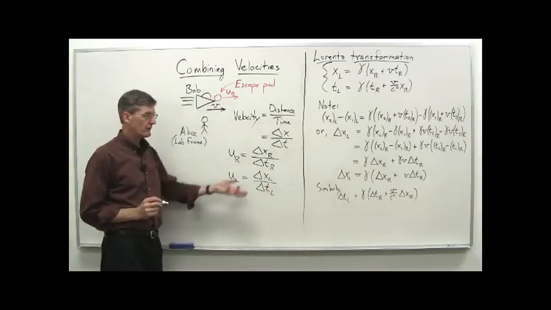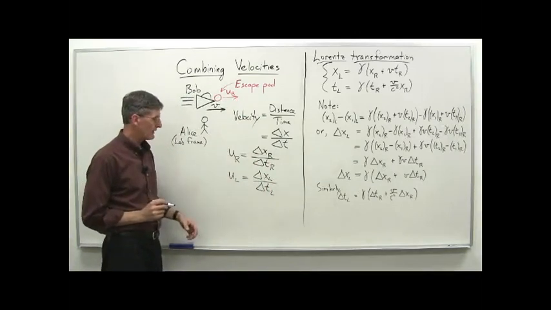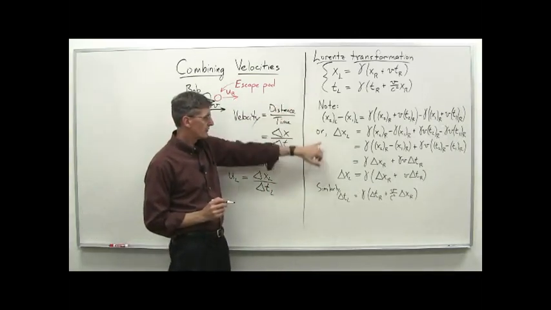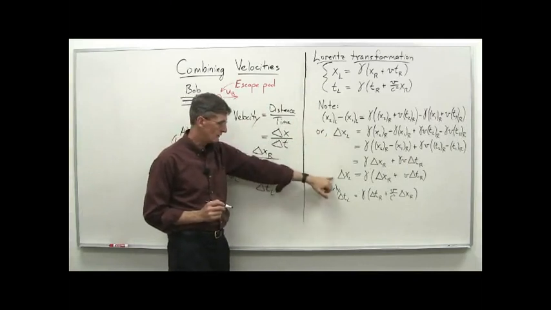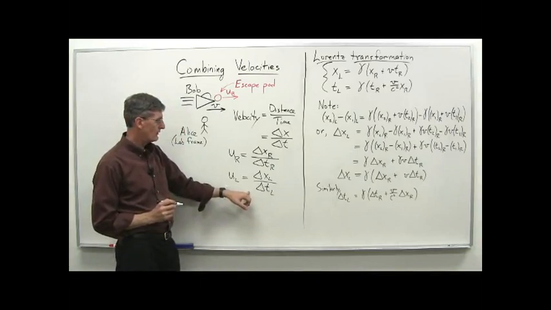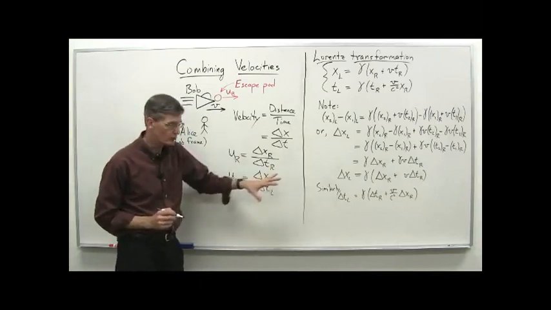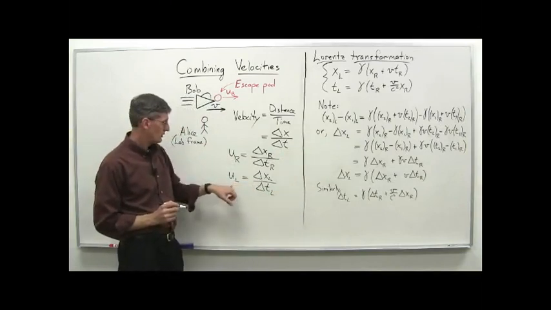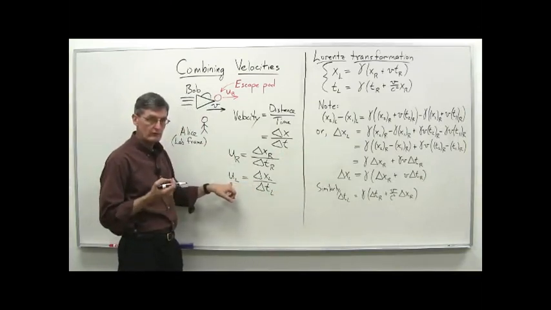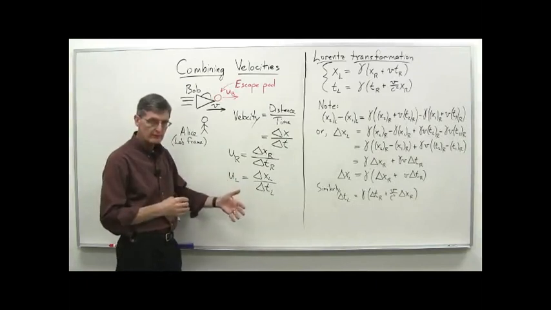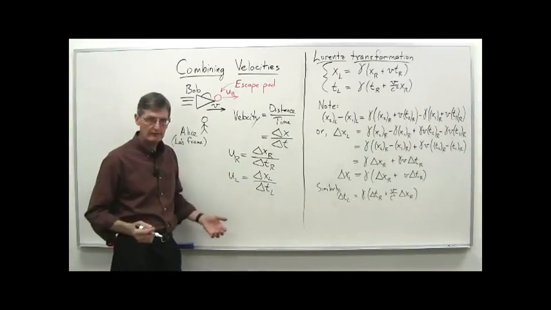Hopefully you can now see why we did this little example, because the Lorentz transformation gives us a delta x sub L and a delta t sub L. So now we take these equations and put them into Alice's equation for the velocity of the escape pod, u sub L, in the lab frame of reference, and see what we get.